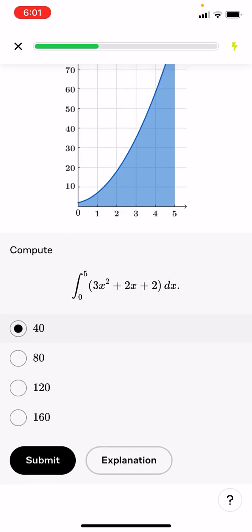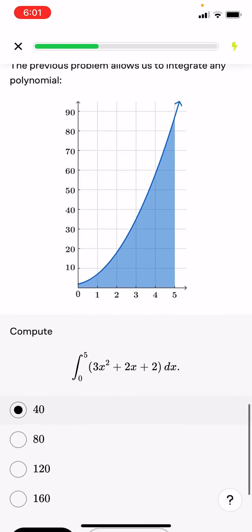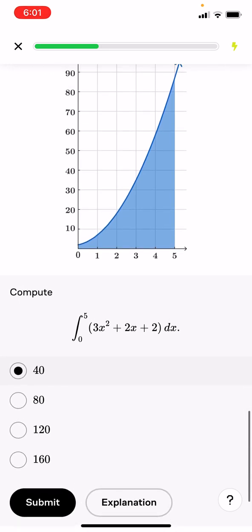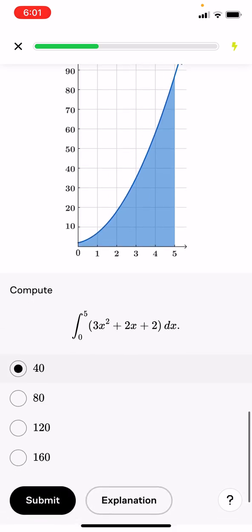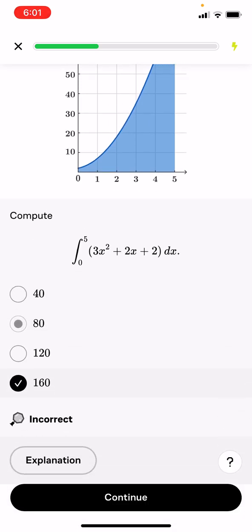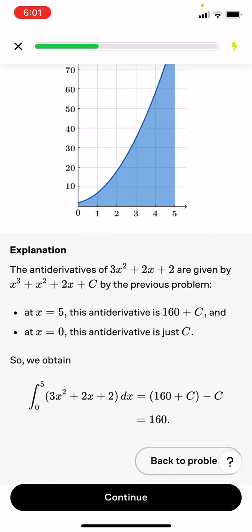Alright. Since the antiderivative probably like 80, 160. I guess I'll see why. Like, I can't just say, oh, I just got unlucky. I have to admit that I didn't know what it was. I was trying to make a best guess.